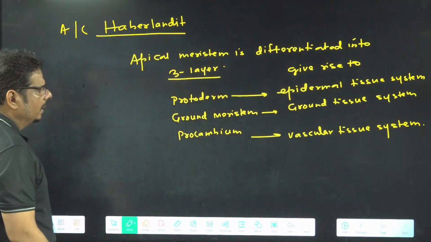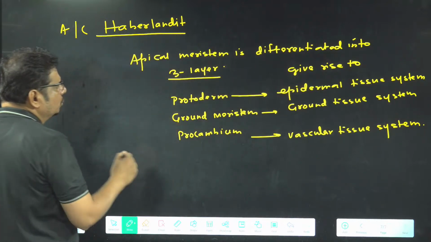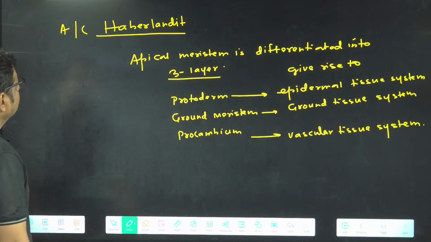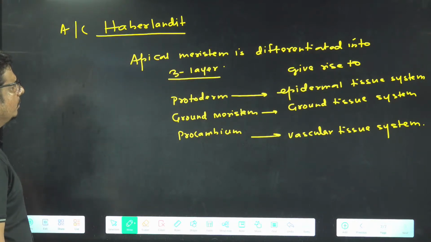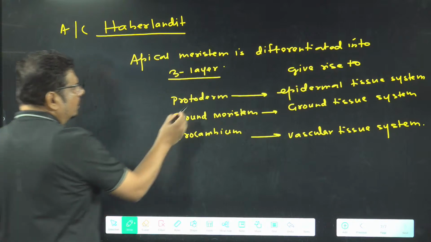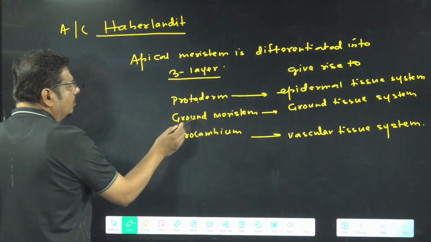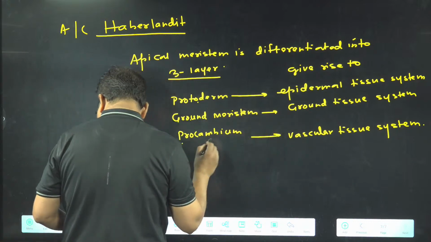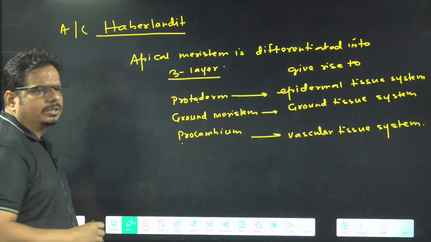Vascular tissue system in plant. So these 3 zones, 3 layers of the apical meristem, form three different types of tissue system. Protoderm forms epidermal tissue system, ground meristem forms ground tissue system, procambium forms vascular tissue system.